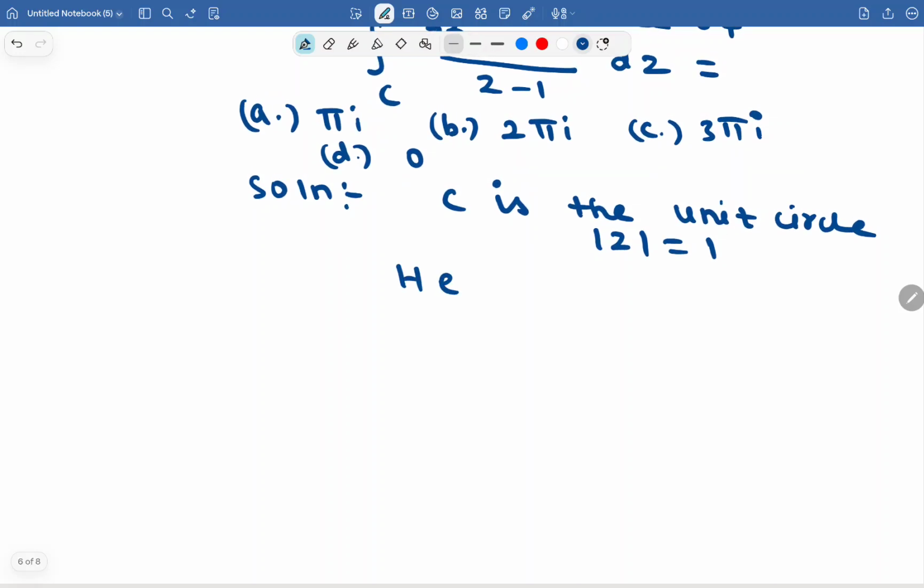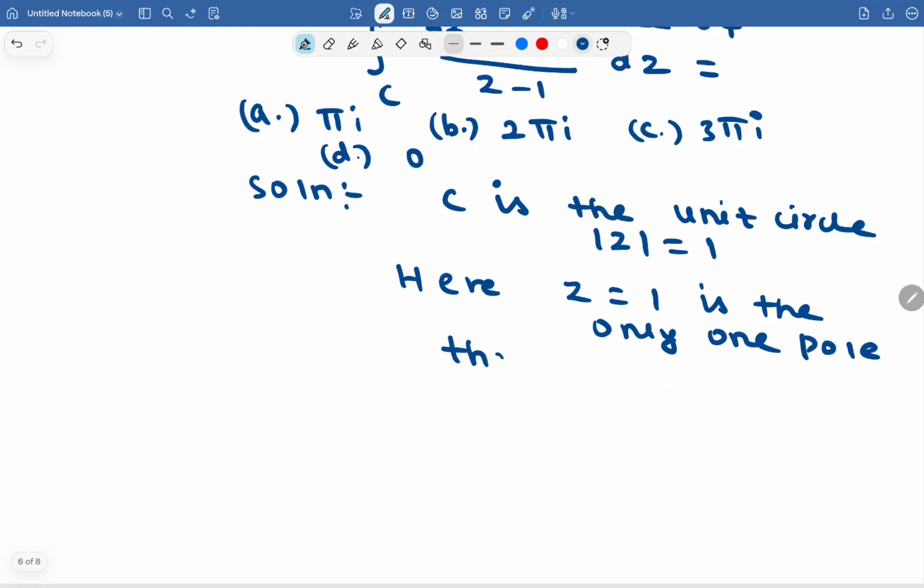Here z equals 1 is the only pole that lies on the circle.